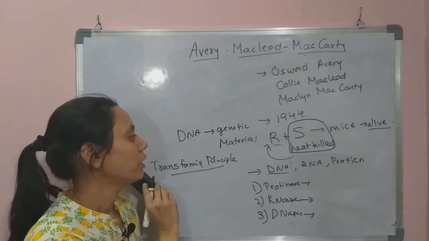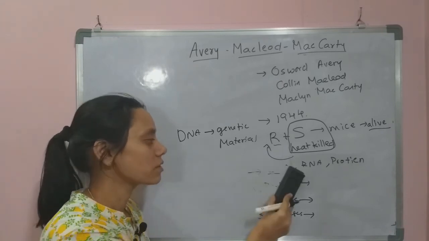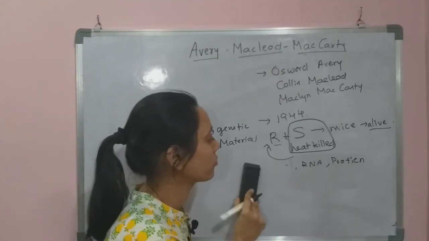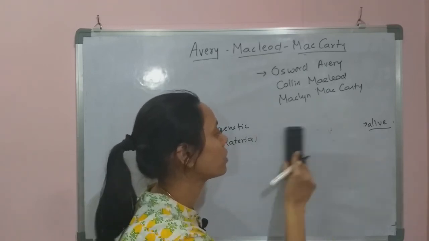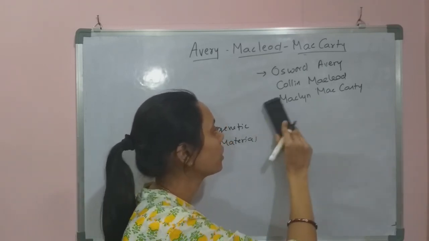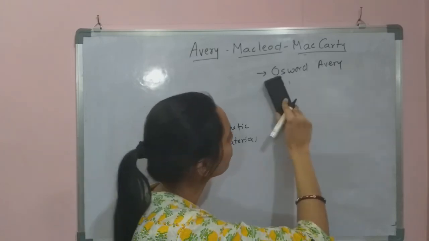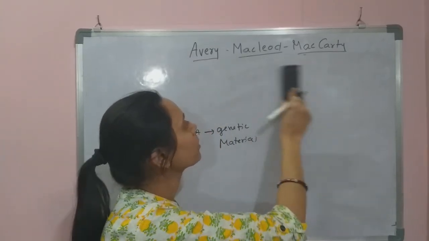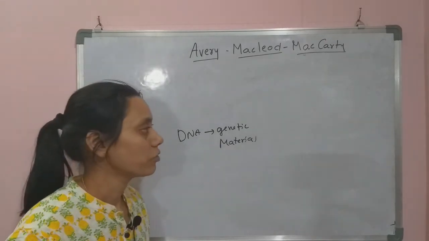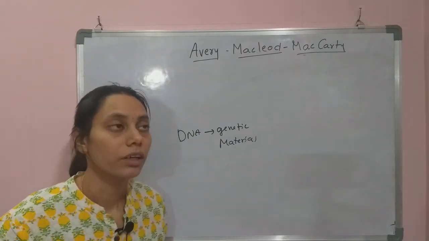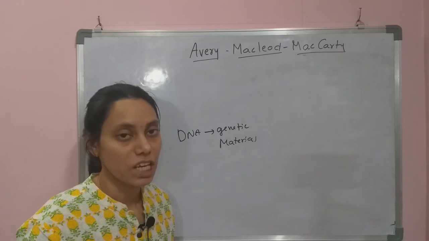So they concluded that DNA is the genetic material. But generally, DNA as the genetic material was experimentally proved by the next experiment, in the 1950s decade, the Hershey and Chase experiment.